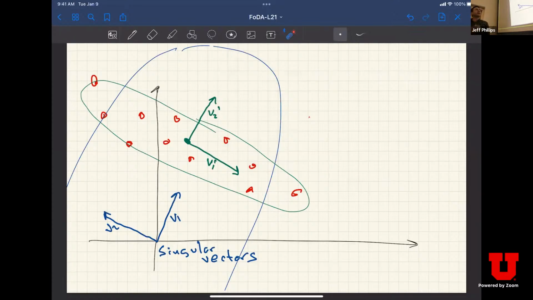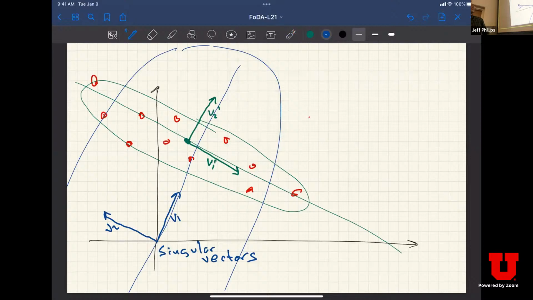So this is the actual best low-dimensional subspace problem. If I want to find a one-dimensional subspace, the best one-dimensional subspace should be this thin green line I've drawn through here, as opposed to this thin blue line.